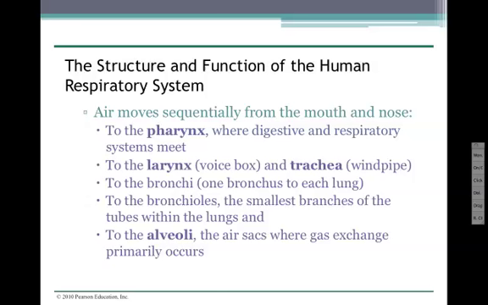And it's from the bronchioles down to the alveoli, which is the little air sacs where gas exchange occurs. The alveoli are microscopic. You will look at them underneath the microscope, but they're very, very thin. And that is where the gas exchange occurs.